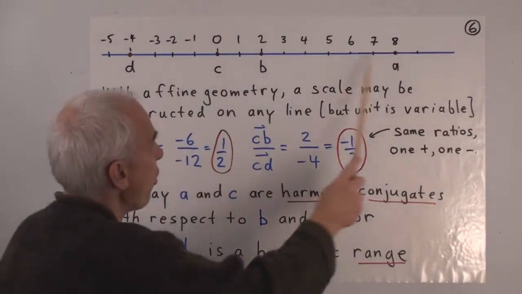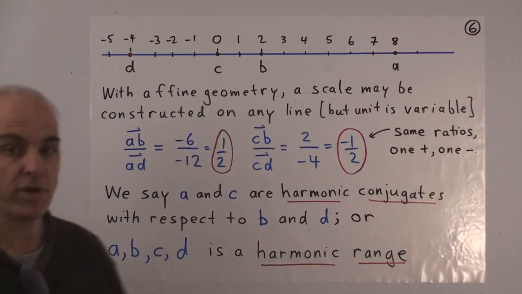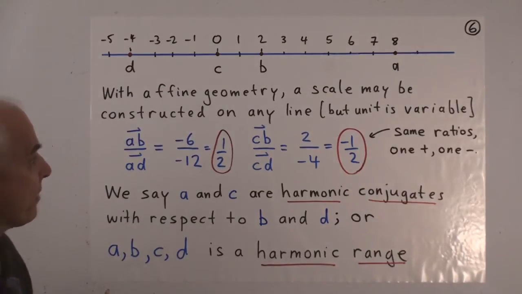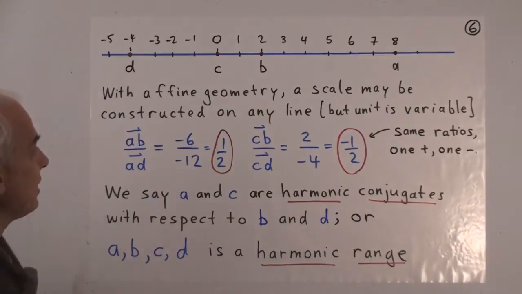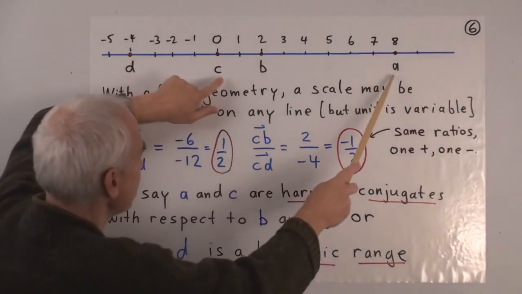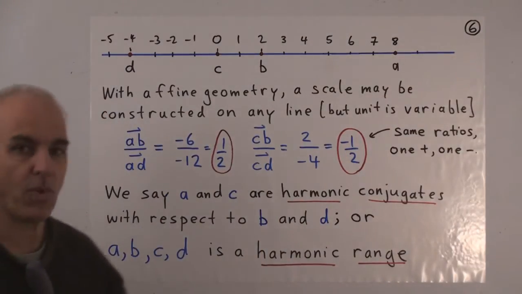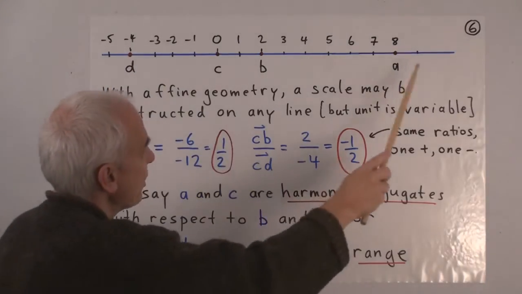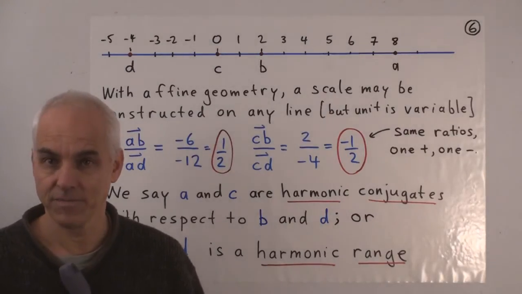Here we have 4 points on a line, A, B, C, D, and these 4 points do form a harmonic range. Or to put it another way, A and C are harmonic conjugates with respect to BD, and we'll see that conversely, BD are harmonic conjugates with respect to AC. So let me explain what those things mean. First of all, in affine geometry, we may construct a scale on any line.